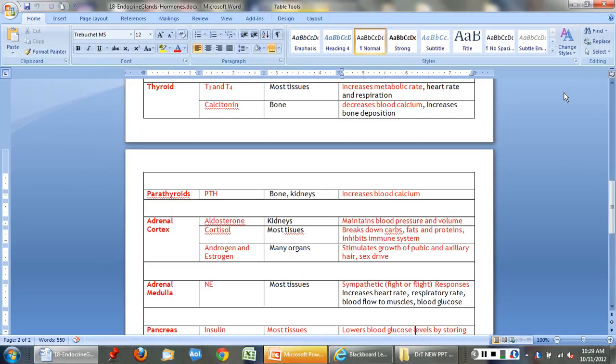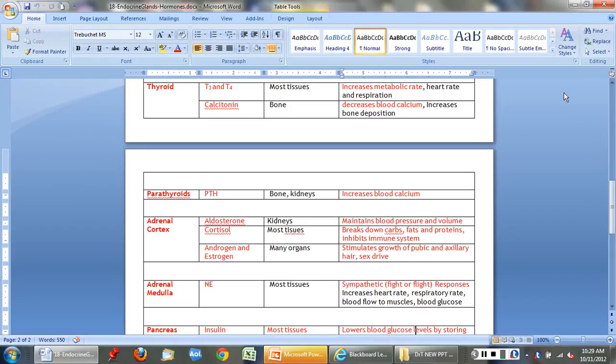So adrenocorticotropic hormone, adrenal cortex, you can tell that's what it's talking about, right? Adrenocortico, especially if you had medical terminology. Adreno is the combining form for adrenal. Cortico is the combining form for cortex. So adrenocorticotropic, tropic, what that word means is that the hormone is going to have an effect on another gland.